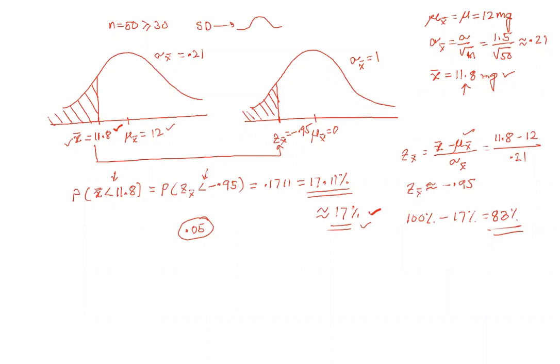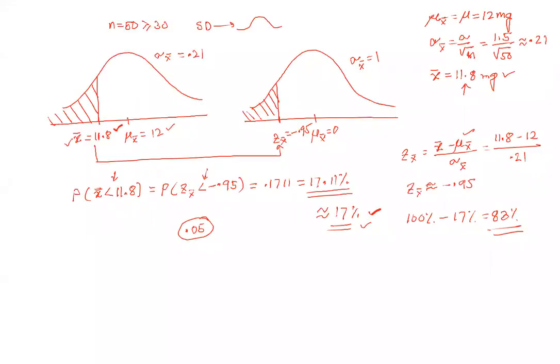Everybody okay? How come we have to do the 100% minus 17 again? Is it because we're trying to find it on the other side? So if they didn't do anything, there is still a 17% chance that you will get the amount that you got, okay, this or less. Yeah.